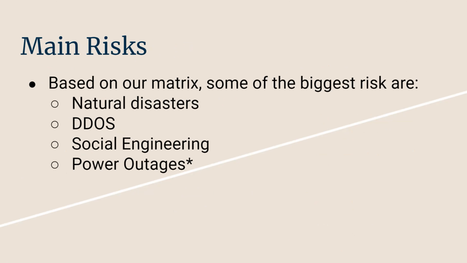Social engineering allows people from different levels of the corporate store to use other people's information and credentials for malicious intents. And one of the big things, as I've experienced working at AT&T, is power outages. If there's a power outage within the corporate store, phone services will continue working. However, new customers will not be able to activate new devices on that network.